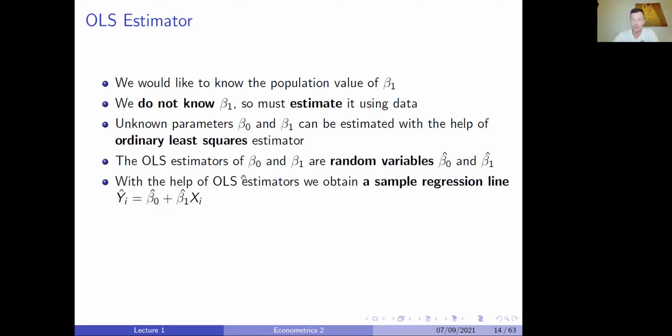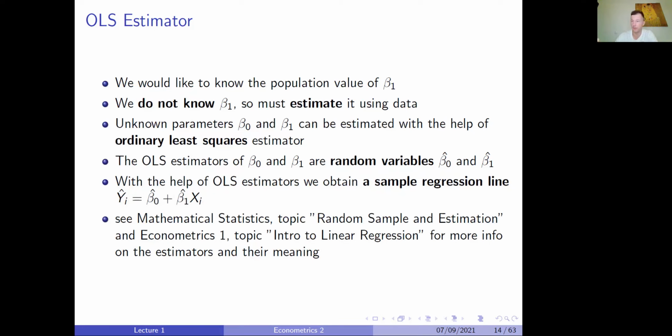With the help of these estimators, we obtain a sample regression line, which looks similar to the population regression line, but the difference is that here you have estimators, beta 0 hat and beta 1 hat, both random variables, and instead of the expected value of y, you have y hat, which is called a fitted value or predicted value.